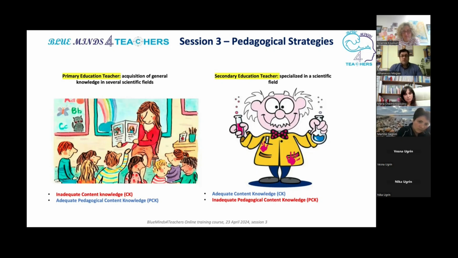Speaking of different approaches, we are essentially referring to what we call pedagogical methods or pedagogical strategies. We can use whatever term we want. They are more or less successfully used in several fields, such as environmental education or science. Therefore, these strategies can also be used in the field of ocean literacy, which is the main topic of our online seminar.